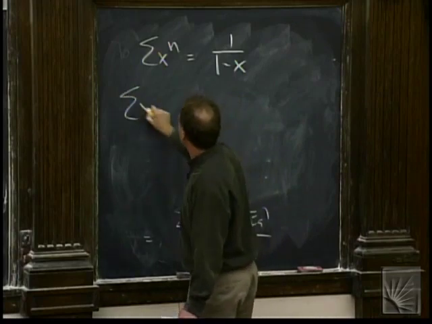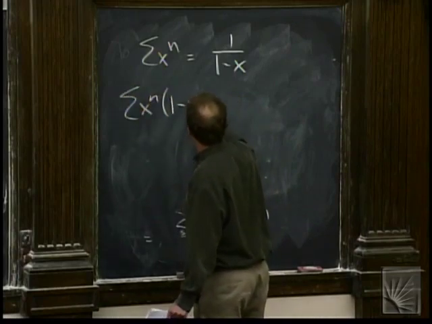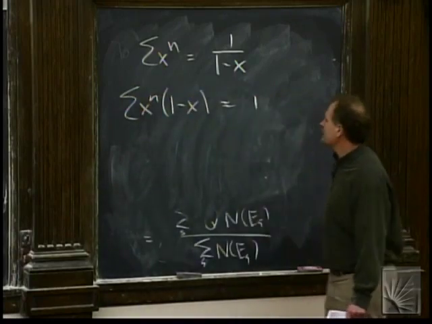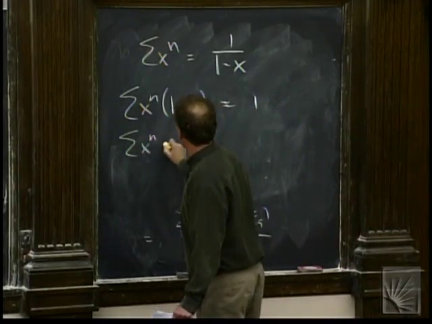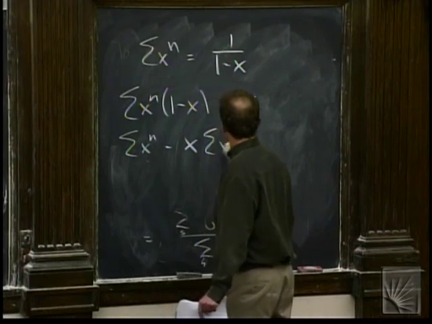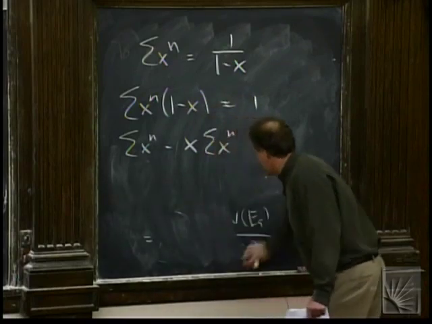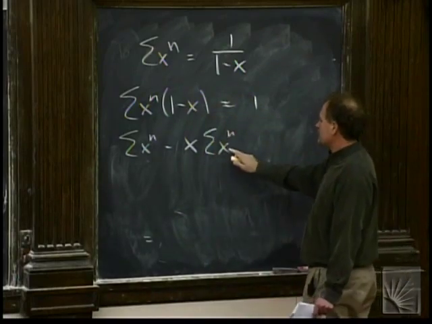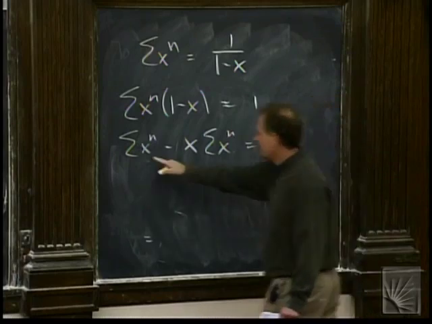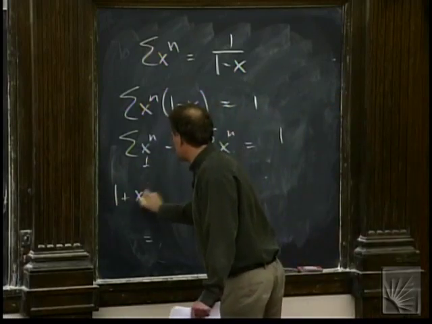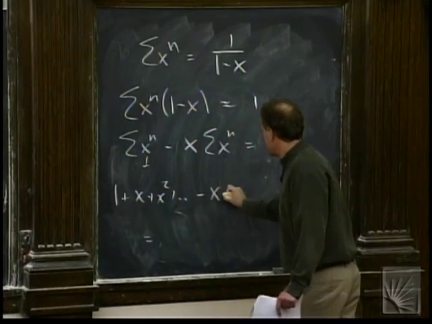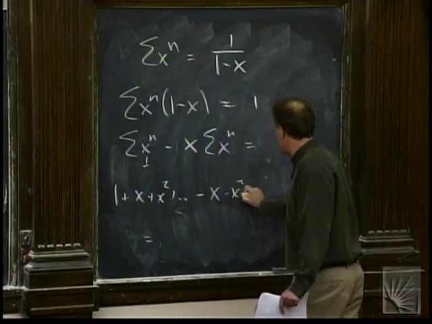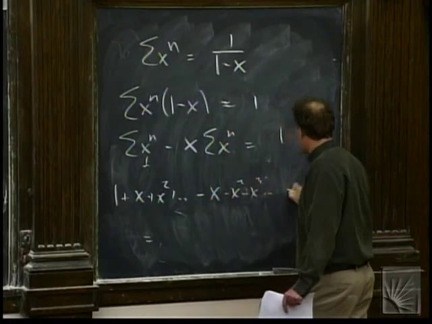Then let's multiply both sides by 1 minus x. And this is the sum of x to the n minus x times x to the n equals 1. So this is 1 plus x plus x squared, dot, dot, dot, minus x minus x squared, dot, dot, dot, equals 1.